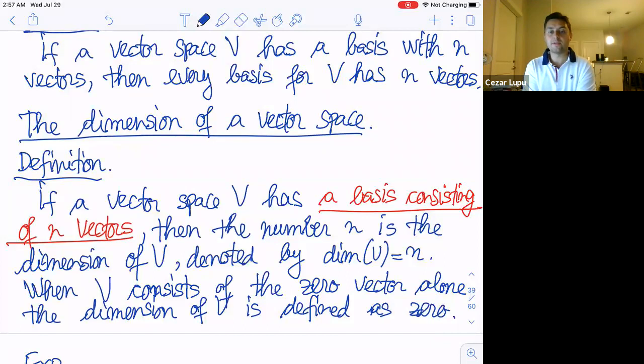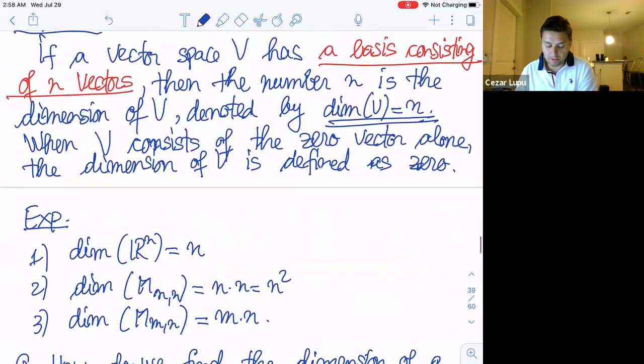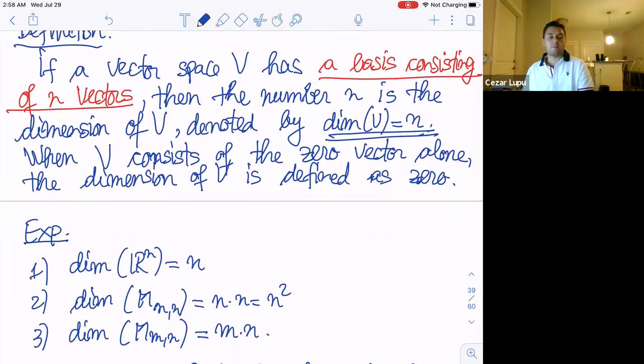We denote this dimension as you can see here: the dimension of V is n. When V consists of the 0 vector alone, the dimension of V is defined as 0. That's the definition. Now let's see some examples. For example, the dimension of Rn. If we take this vector space Rn, the dimension of Rn clearly is n.